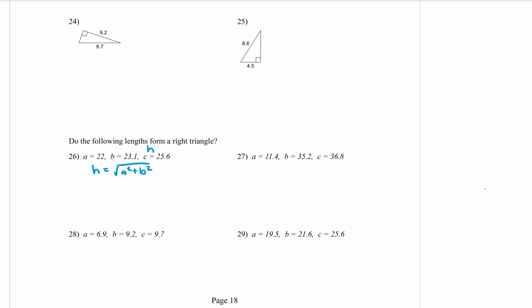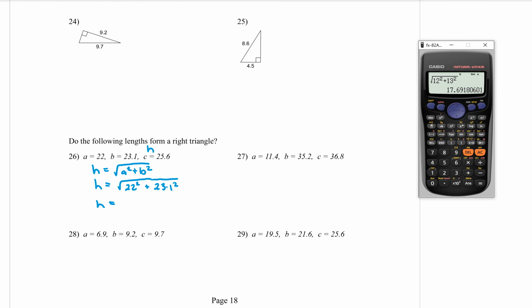Sub in just the A and the B. So A is 22, so it'll be 22 squared plus B, which is 23.1 squared. Now, if I type that into my calculator, what is h going to equal?